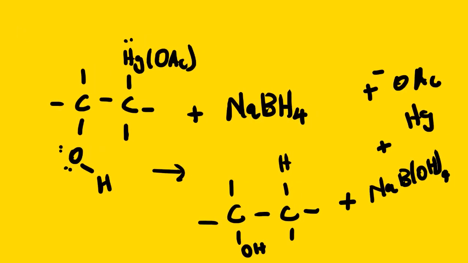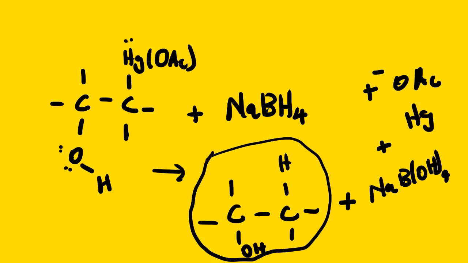And before we continue, you can see that this is an alcohol. Remember we said if an alkene undergoes hydration, the product is an alcohol. So let's say we have propene. Looking at the previous lesson video, we've seen the product.